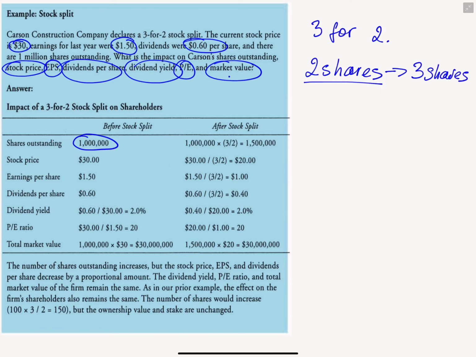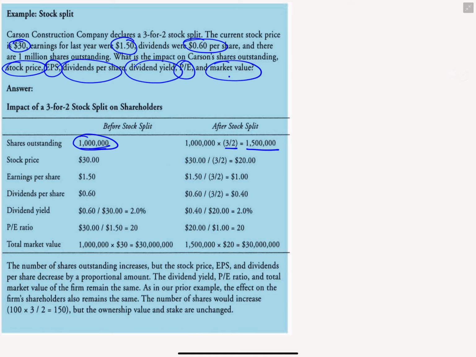Or if the company issued 2 shares, the company's shares outstanding will increase to 3. So 3 for 2 means 2 shares become 3 shares. The company had 1 million shares multiplied by 3 over 2, which means 1,500,000, 1.5 million.